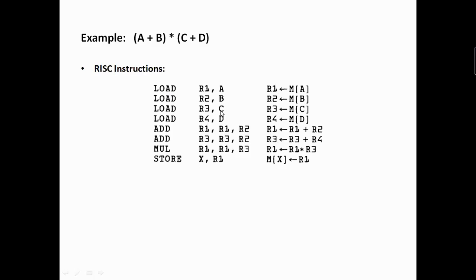Then R3 and R4 are to be added, the answer stored in R3, overwritten to R3. Then finally R1 and R3 will be multiplied and the answer may be put to R1. And finally the answer is in R1, which may be stored in the memory by using store. This way it can be done.